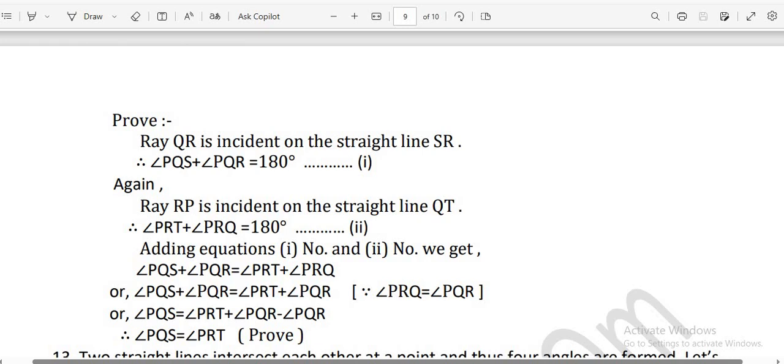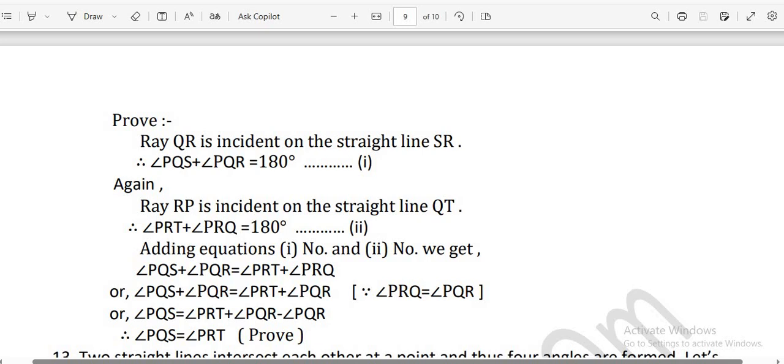Adding equation number 1 and equation number 2, we get angle PQS plus angle PQR is equal to angle PRT plus angle PRQ. Since angle PRQ is equal to angle PQR, angle PQS is equal to angle PRT plus angle PQR minus angle PQR.